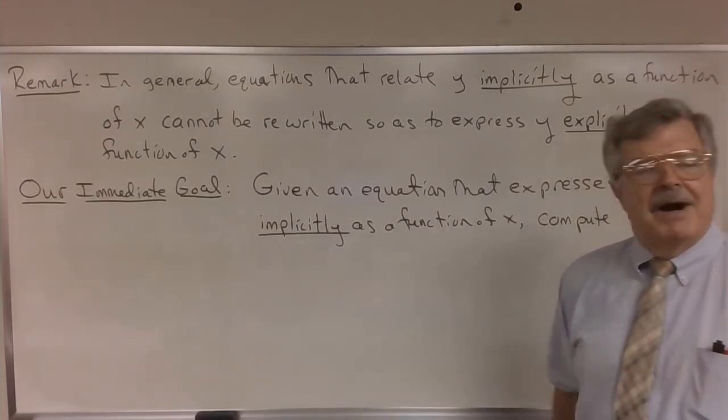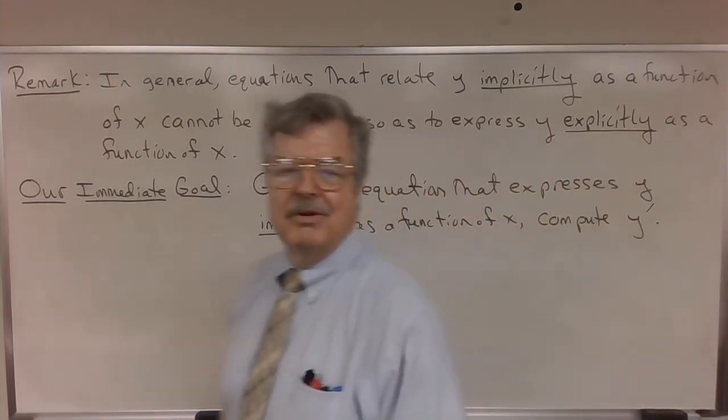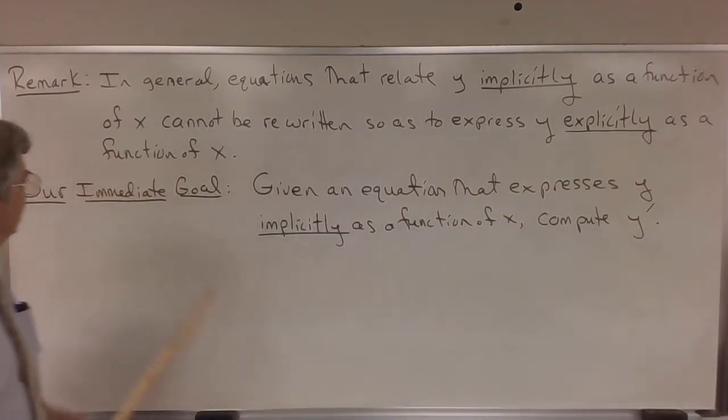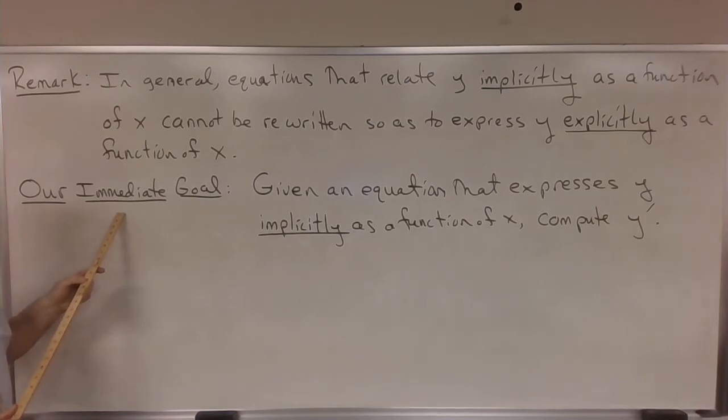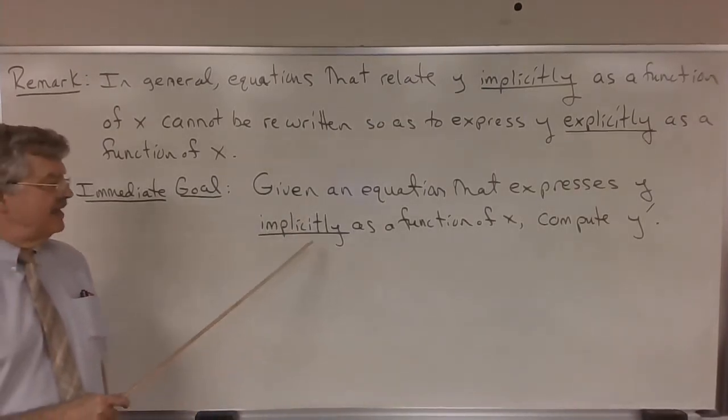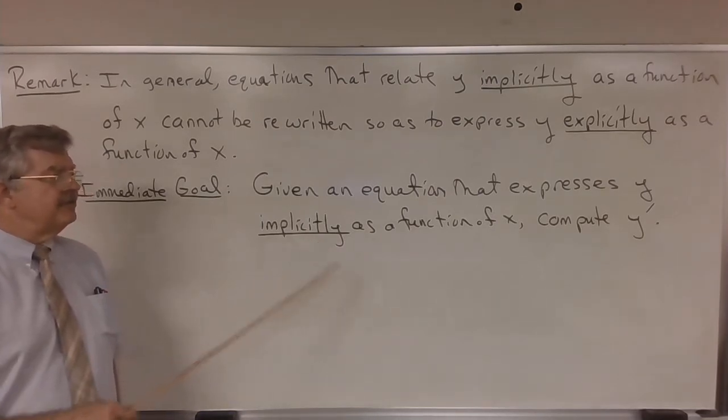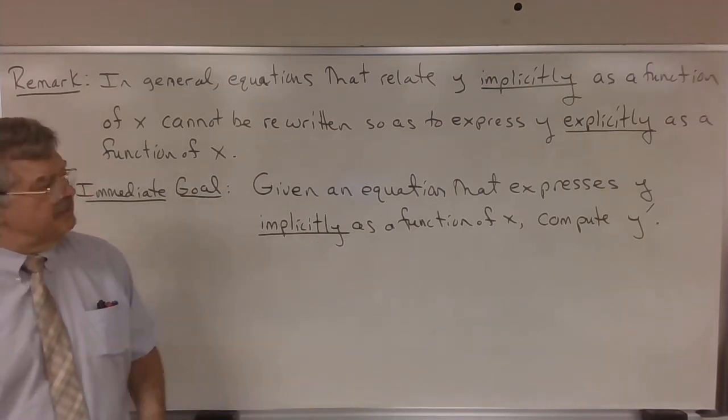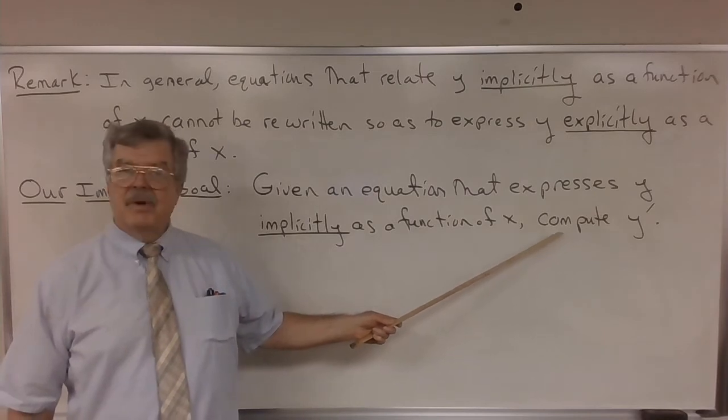Okay, here's that mind-blowing statement that I told you about. This is our immediate goal. Given an equation that expresses y implicitly as a function of x, compute y prime.